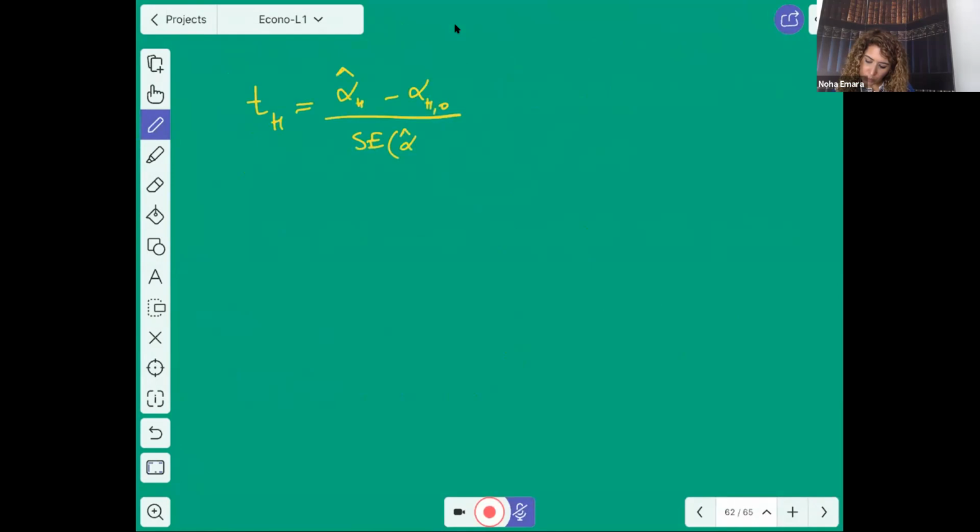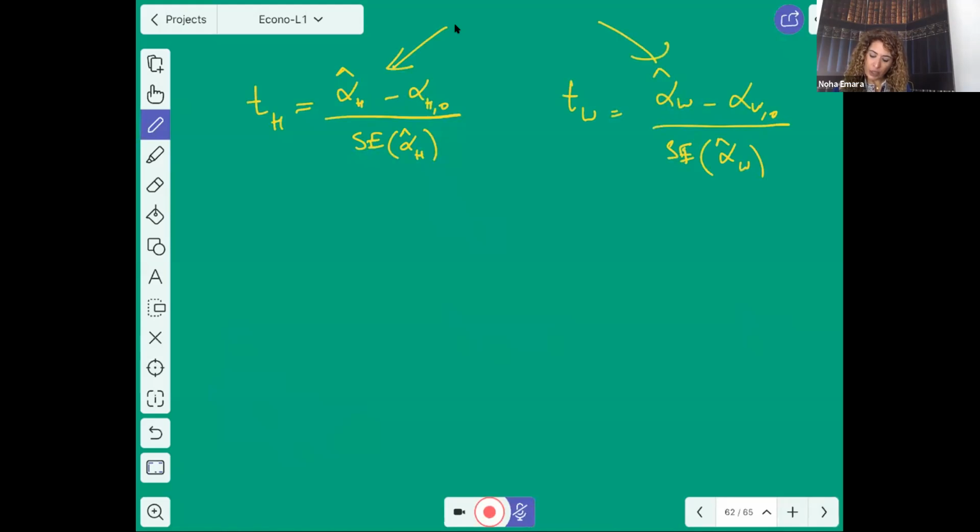And you can repeat the same for the weight: alpha hat weight minus alpha weight under the null over the standard error of alpha hat weight. So if this is not accurately estimated because of multicollinearity, and the same goes with this one, then I'm going to get misleading results on the t-statistic.